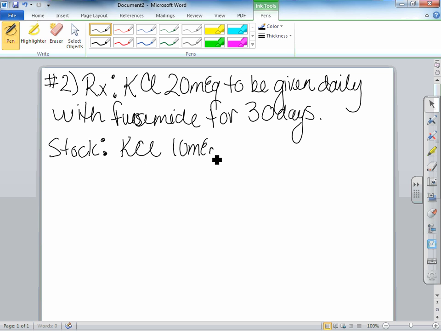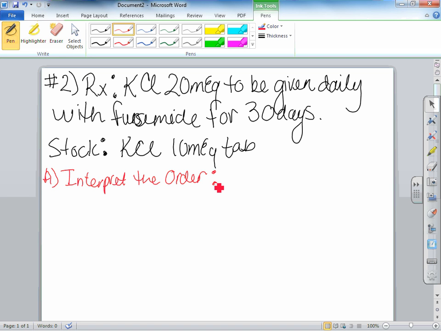So first things first, you need to interpret the order. What do you read the order to say? You read it just as it says. So that's what it means by interpreting the order.